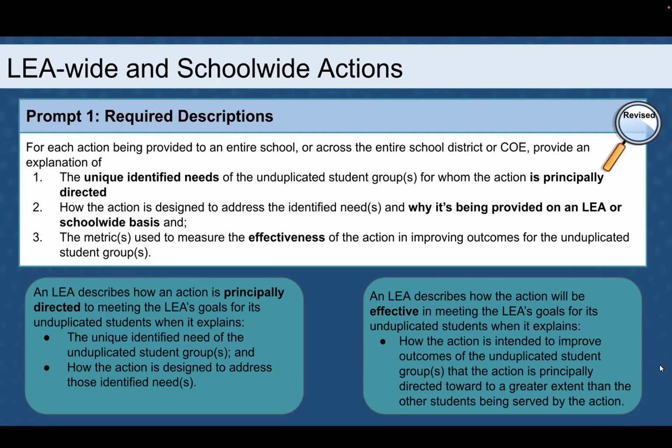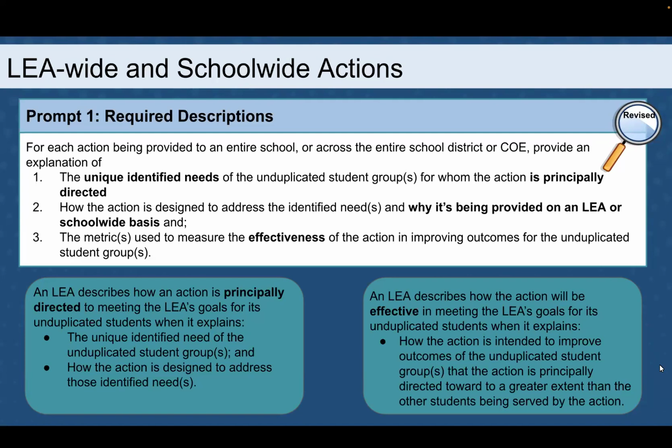It must explain the unique identified need of the unduplicated student group and how the action is designed to address those needs. That's really what we mean by principally directed, that we develop the action to principally benefit a particular student group. So you must include an explanation that includes those two items rather than using the words principally directed.